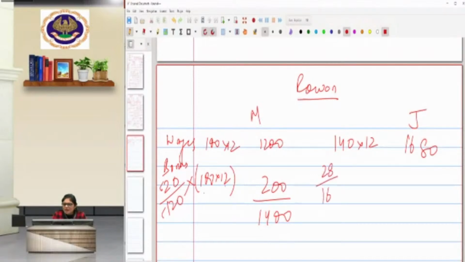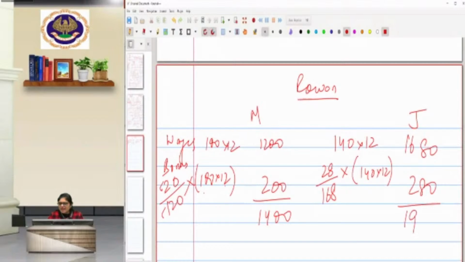By time allowed is 168, into 140 into 12. Time taken into rate per hour. So how much would it be? Just calculate for Rowan for J. It will be 280.